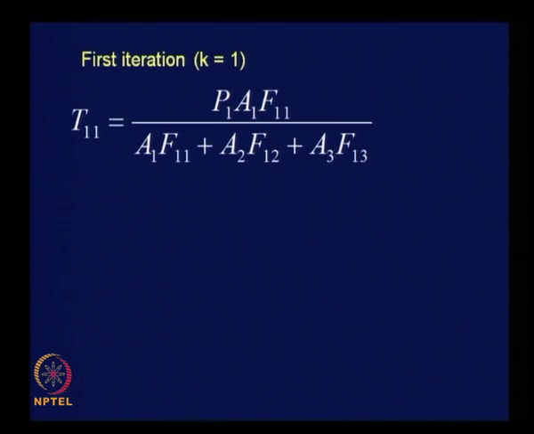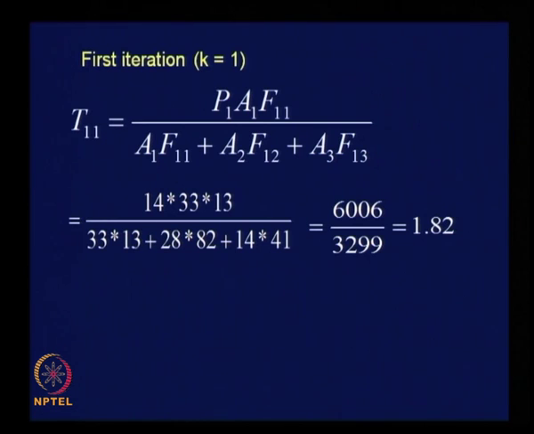Accordingly, we can write T11, the intrazonal trip distribution within traffic zone 1, to be P1 A1 F11 divided by A1 F11 plus A2 F12 plus A3 F13, and substitute the values: 14 into 33 into 13. 14 is the Pi value, 33 is Aj and 13 is Fij, whole divided by 33 into 13 plus 28 into 82. 82 is again the Fij value, plus 14 into 41, that is equal to 1.82.